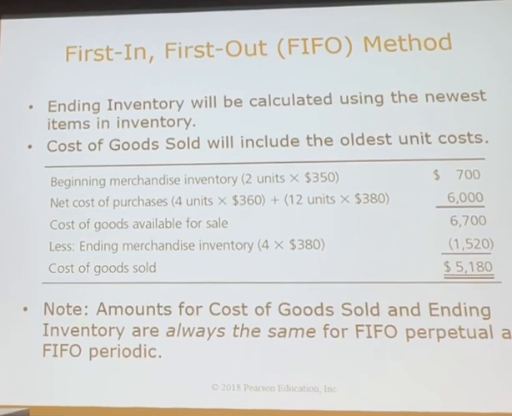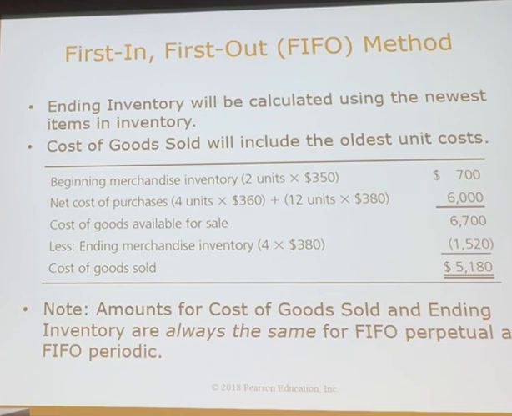Instead, we can group all of our transactions together. So notice here, there's one line that says net cost of purchases. So even though you may have had purchases on a number of different dates during the month, you can put them all on one line. So we purchased 4 units at $360, and we purchased 12 units at $380.